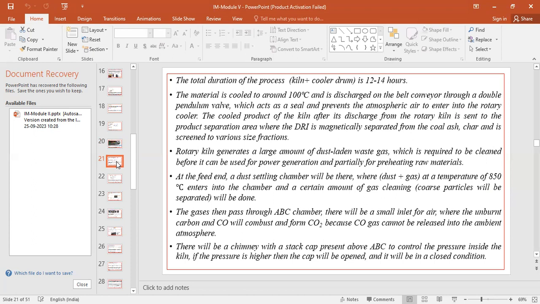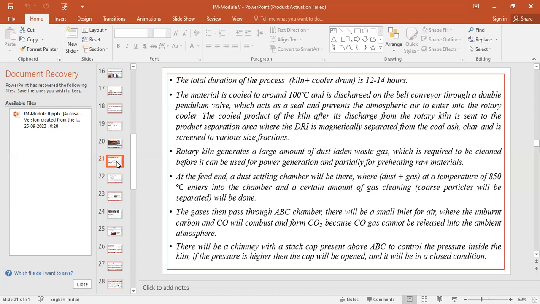There, the DRI is separated from the coal ash as well as tar by using magnetic separators, and then it is screened to various size fractions. The product we are getting out of this cooler is cold DRI, and along with that a certain amount of coal ash as well as tar will be there.